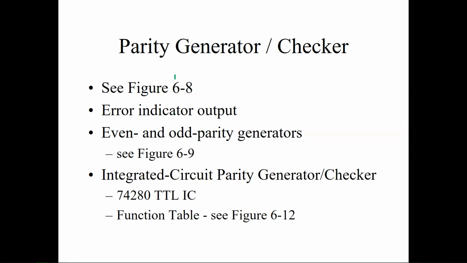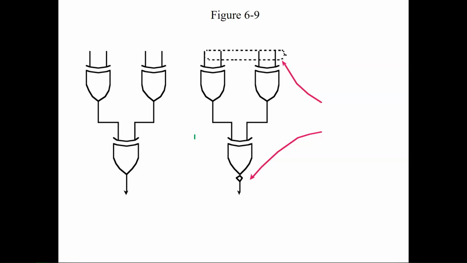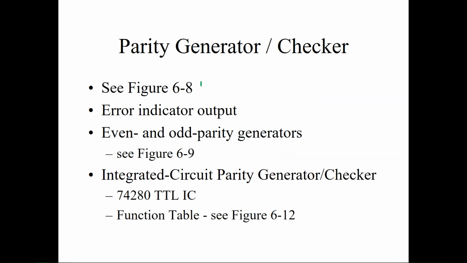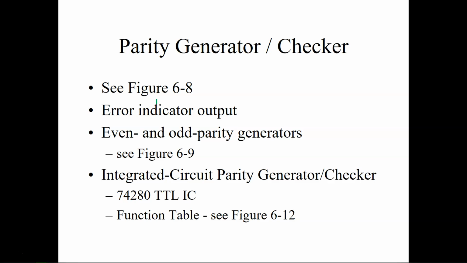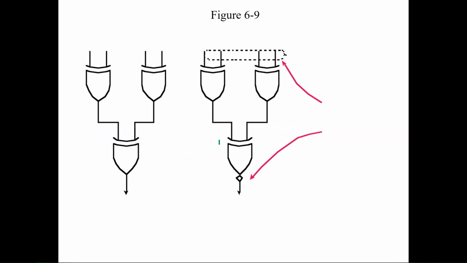We have a specific integrated circuit that we use for this as well, and that is the 74280. This is figure 6-9, which is supposed to be even and odd parity generators. So you're looking at exclusive OR gates.